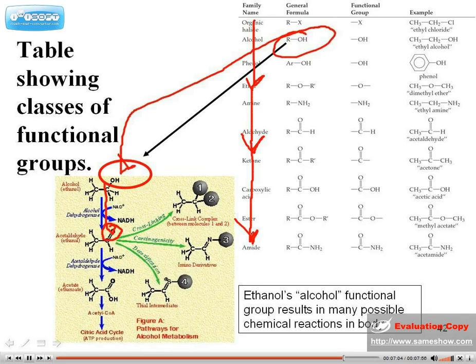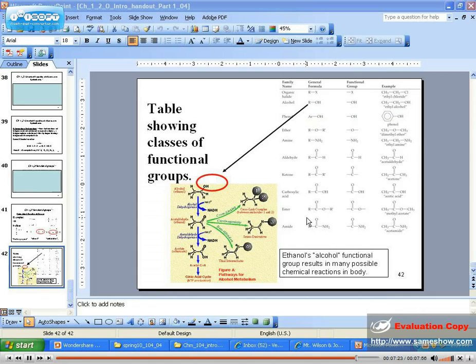Here are the various categorical names, along with their formulas and examples. And as the weeks go along, we're going to investigate each class of functional group and their various naming schemes, physical properties. And finally, we'll investigate various chemical properties of each of these functional groups, along with some of the more popular chemical reactions found in industry.